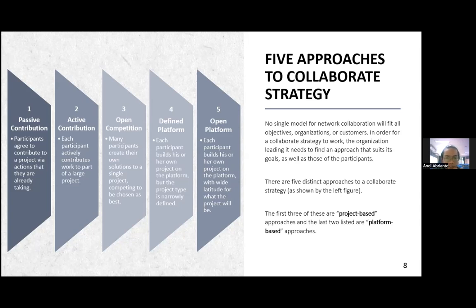And the fourth is defined platform. Each participant builds his or her own project on the platform, but the project type is narrowly defined. And the last is open platform, where each participant builds his or her own project on the platform with wide latitude for what the project will be.